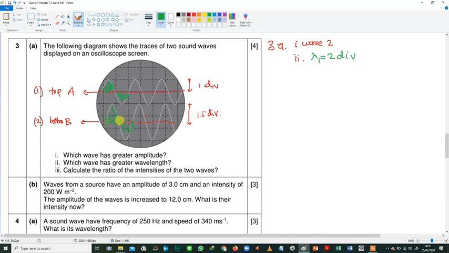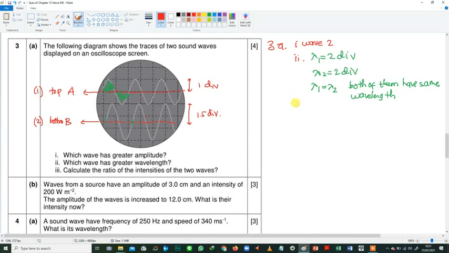This to this is around 1 division, and this one also 1 division. Both of them have quite similar wavelength, so wave 2 has the same 2 divisions also. Since wavelength 1 and wavelength 2 are the same, both of them have the same wavelength.